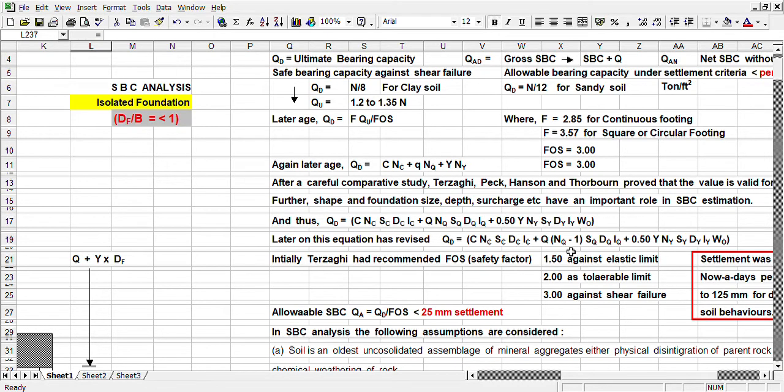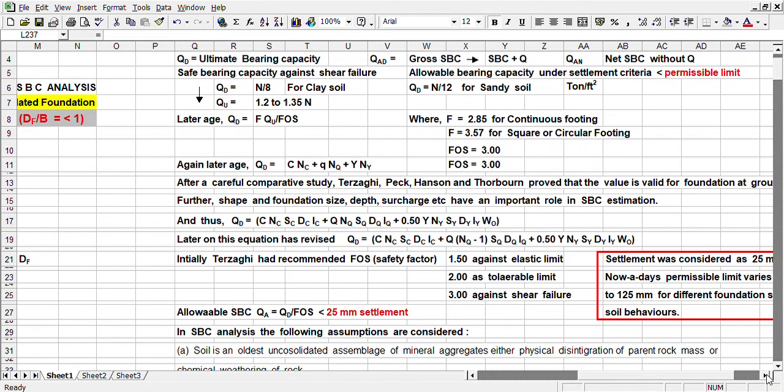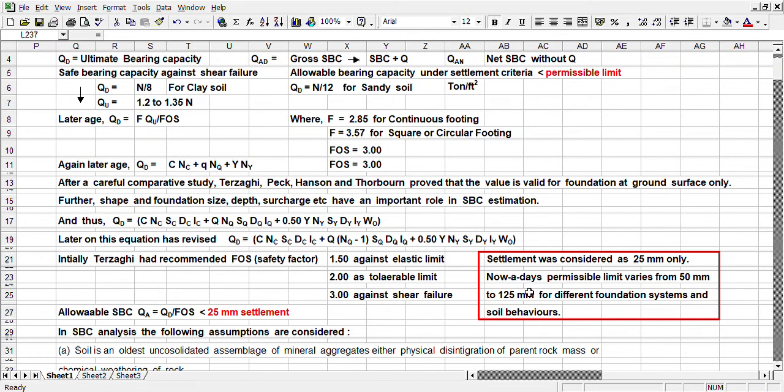But initially Terzaghi adopted three types of safety factor. One is 1.5 against elastic limit, another is 2 as tolerable limit, and 3 against shear failure. And settlement during that time was considered as 25 only.